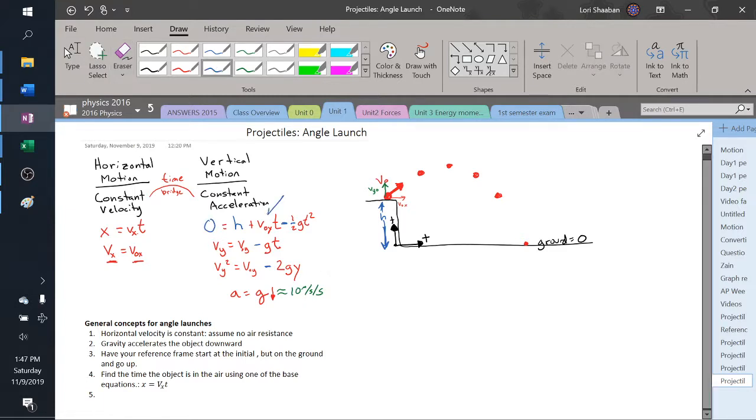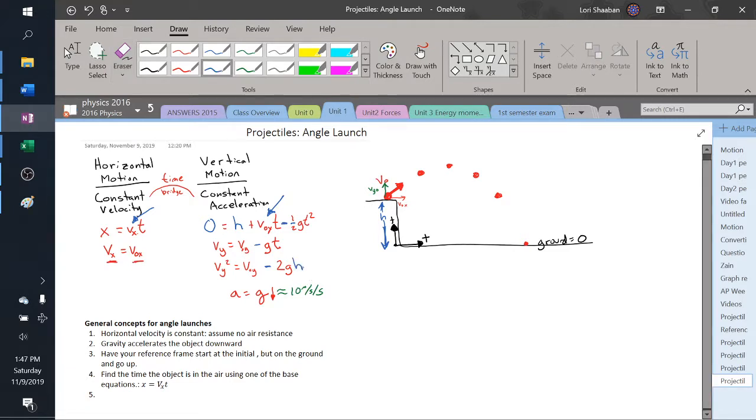Now, what's our initial velocity in the y direction? And what's our initial velocity in the x direction? We'll have to figure those out. Okay, let's put those aside for just a second. Anything else that we need to look at? Final velocity, that's fine. We still need to figure out this initial velocity in the y direction. Okay, and let's go ahead and change this y. We can change it to height if you want to.